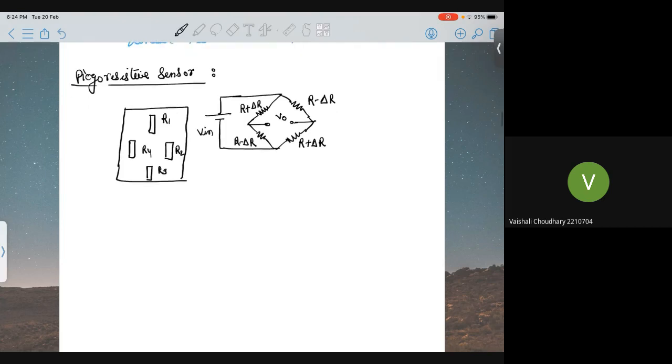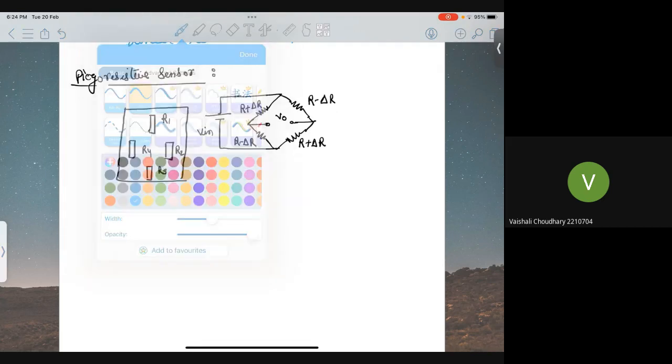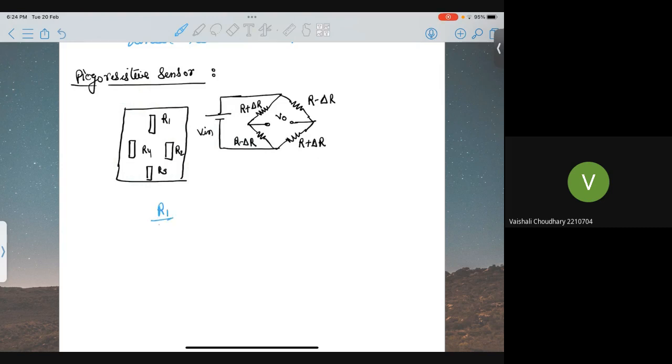Then from the Wheatstone bridge we can say that R1 by R2 is nothing but R3 by R4. Then we can write V output is nothing but V times delta R by R, which is nothing but the change in resistance.